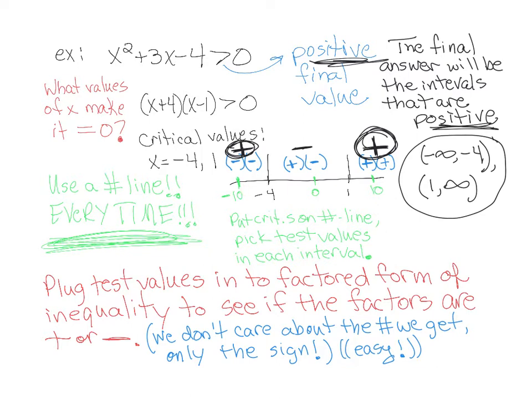So when I take a -10 and I replace this x with -10, -10 plus 4 is a negative number. See the blue here? That's the first factor with -10 plugged in. Then I plug the -10 in for this one. -10 minus 1 is also a negative. So when I plug in a -10, I get a minus times a minus. A minus times a minus gives me a plus. Okay?